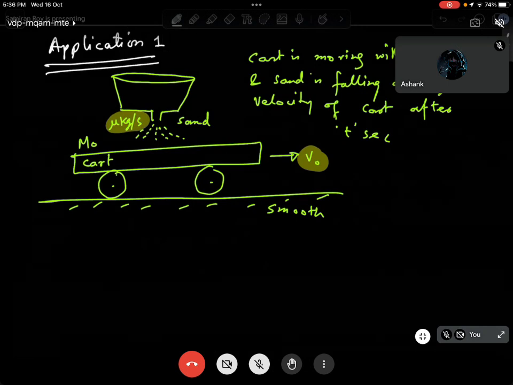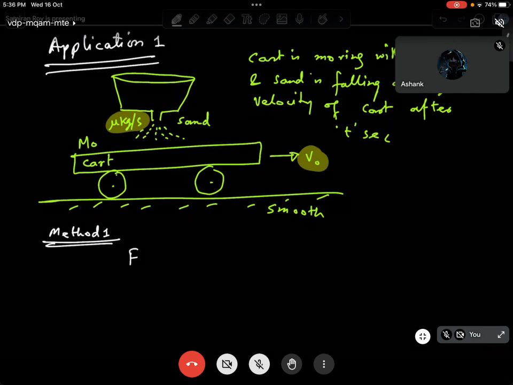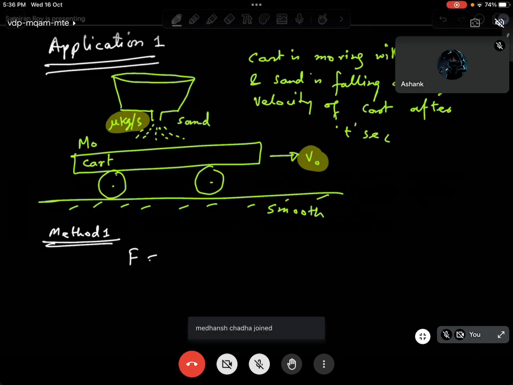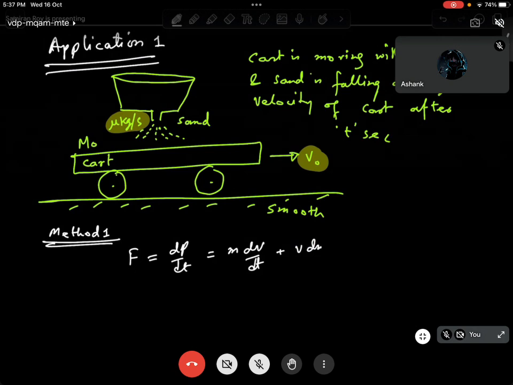Method 1: I'll use the force equation. Force equals dp by dt, that is m dv by dt plus v into dm by dt. This is the force equation.